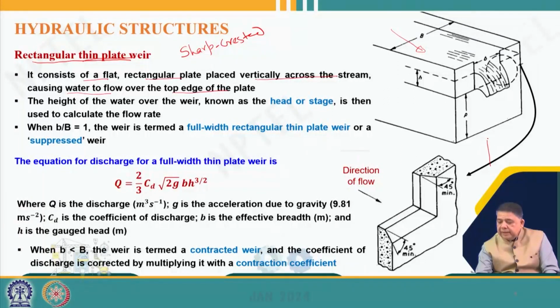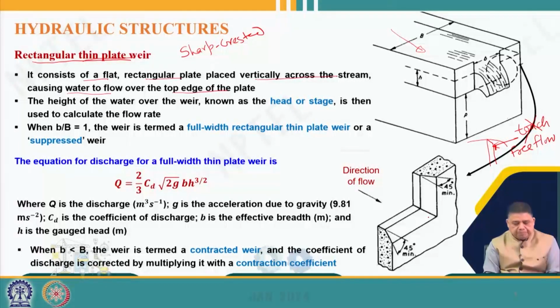What happens is that when flow comes here, it doesn't touch the surface, and that is why it is referred to as free flow. The equations which we use are developed for free flow conditions, so that is why a sharp edge is provided here.